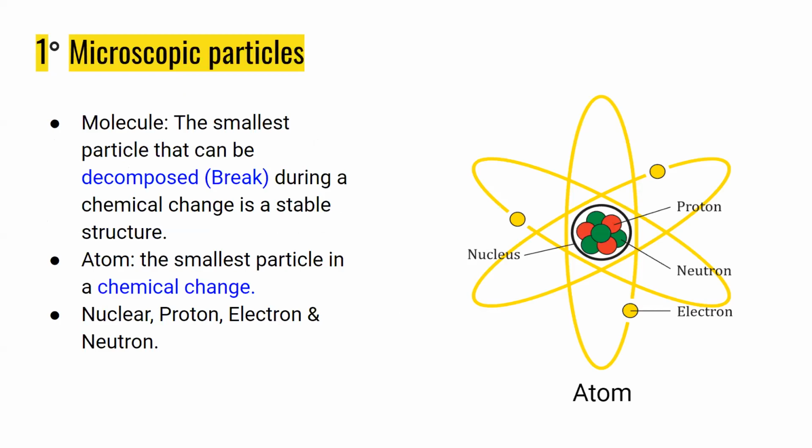You see from the right picture, this is a model of one atom. There is a nucleus in it with protons and neutrons. Outside of this atom, there are 3 electrons rotating around it. The protons, electrons, and neutrons are the components of the atom.